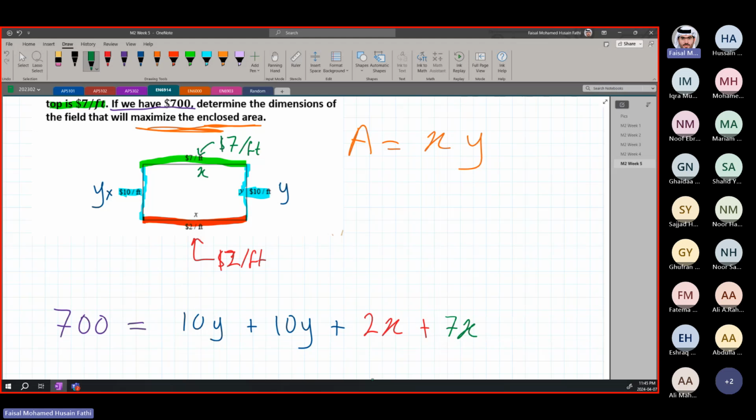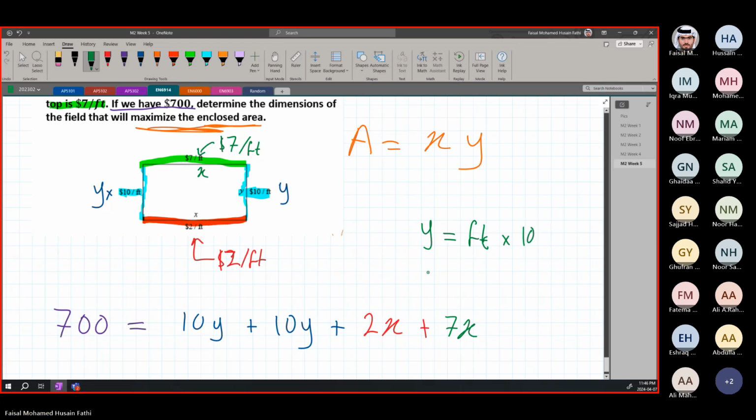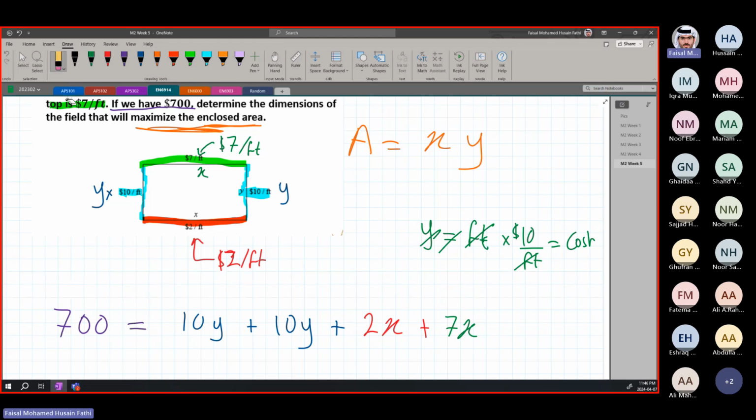ليش؟ لأن احنا we're not talking about length في هالحالة، احنا we are talking about the cost. لأن y إنزين y is in feet صح ولا لا؟ ال y and the x are in feet. فإذا تضربه ب $10 over feet اللي هو $10 per feet، الفيت والفيت بيتكنسل. زين، الفيت والفيت بيتكنسل فبيكون عندنا بس الكوست ماله pure cost. فعندنا احنا التوتال كوست هني. Let me write this.